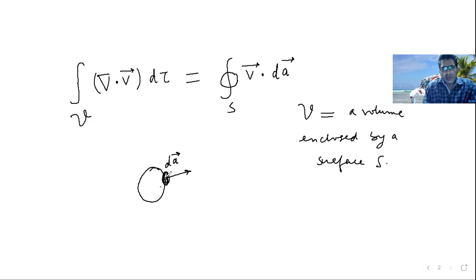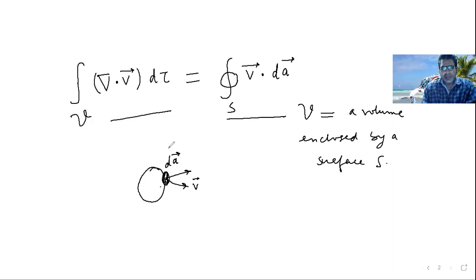Now V will have some value here. For example, let the vector field V be this way at this particular location. Now you dot V with dA, right? Then do a similar thing for all the surface. You add these dot products over the whole closed surface. That's my right hand side. This theorem claims whether you do it this way or this way, you are going to get the same value. We will check it.